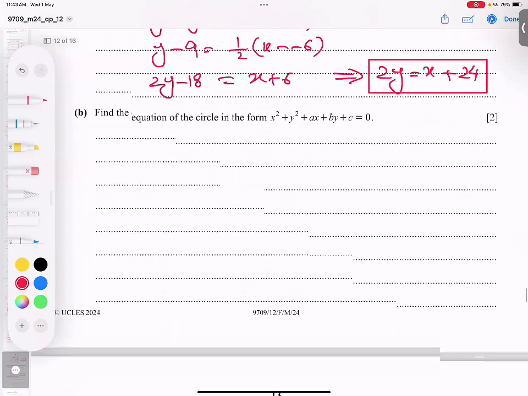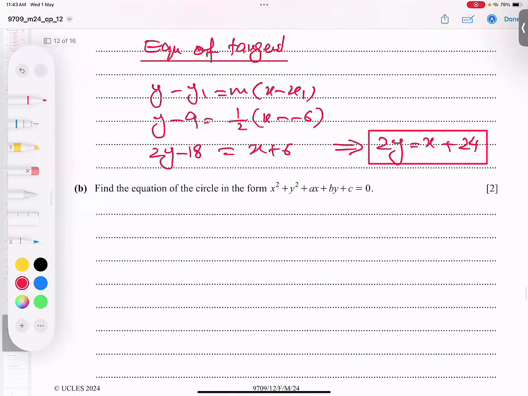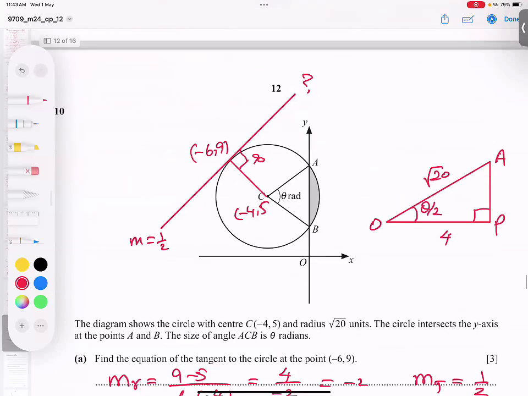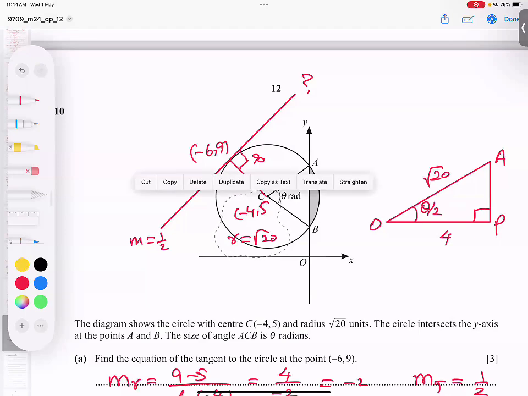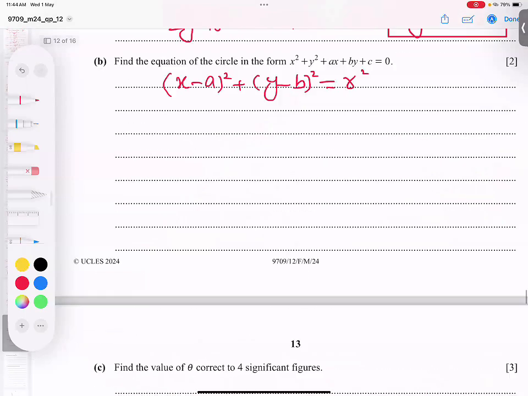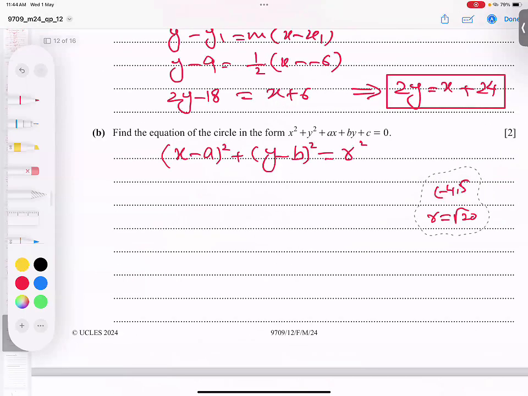Equation of circle. What is the equation of circle formula? (x minus a) whole squared plus (y minus b) whole squared equals radius squared. And the center of the circle is clear, and the radius is root 20. So these two values, I will take from here and bring down.